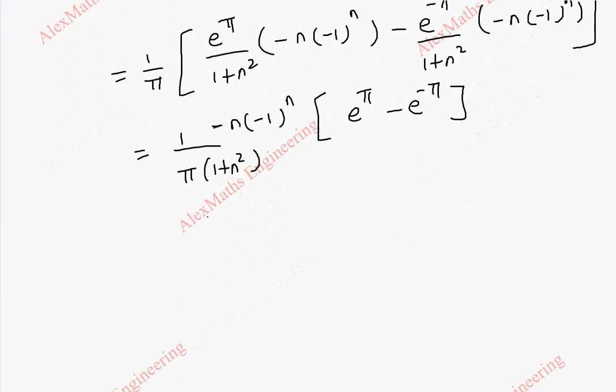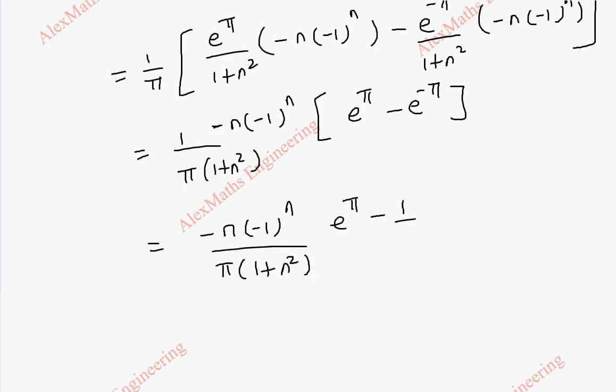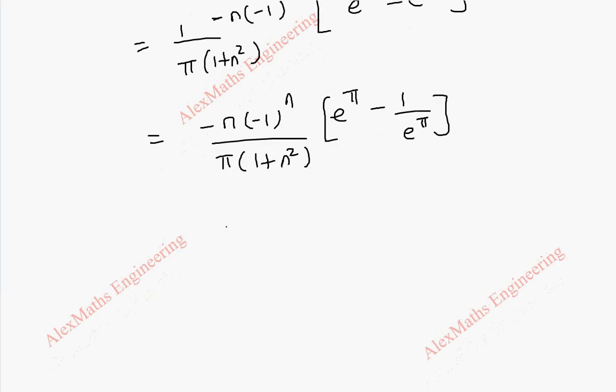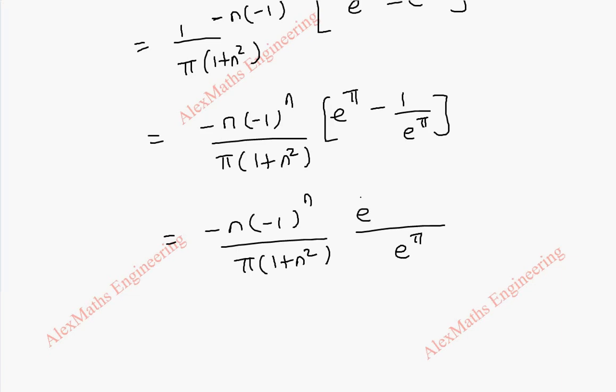Now this can be further rearranged as minus n into minus 1 whole power n by pi into 1 plus n square, and here this is e power pi minus 1 by e power pi. We can take the LCM here, and after rearranging, minus n into minus 1 whole power n by pi into 1 plus n square. The LCM is e power pi, so here it is e power 2 pi minus 1. So this is our Bn.